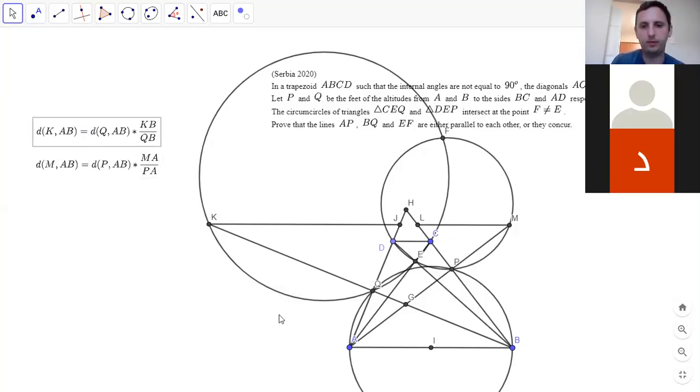So what's KB over QB? So we have GQ times GK. But we have QK over QB. Yeah, how do I get KB? KB is QB plus QK.